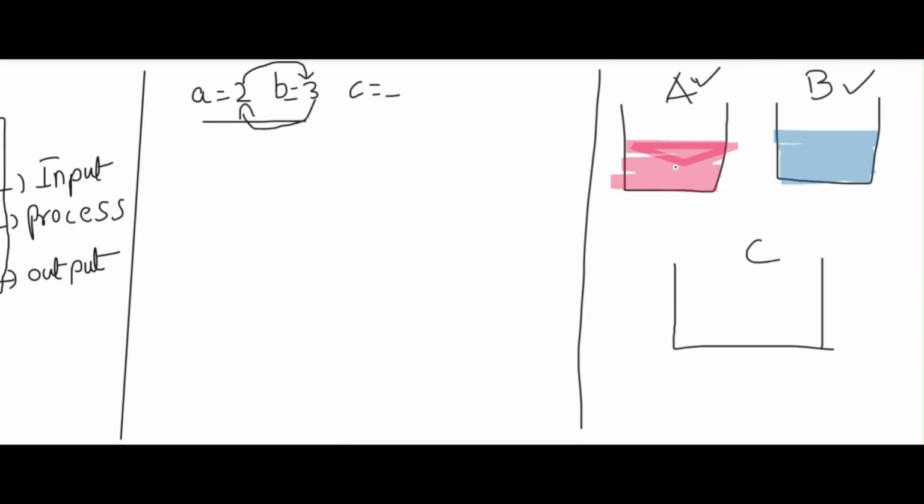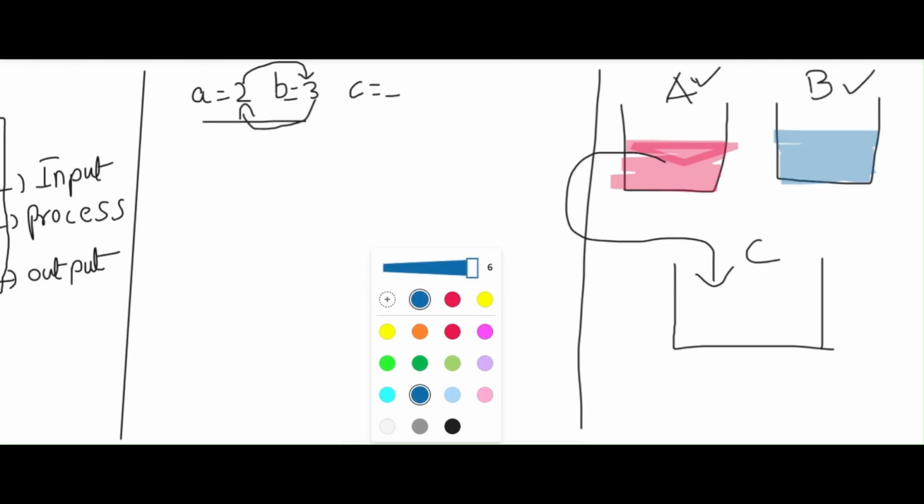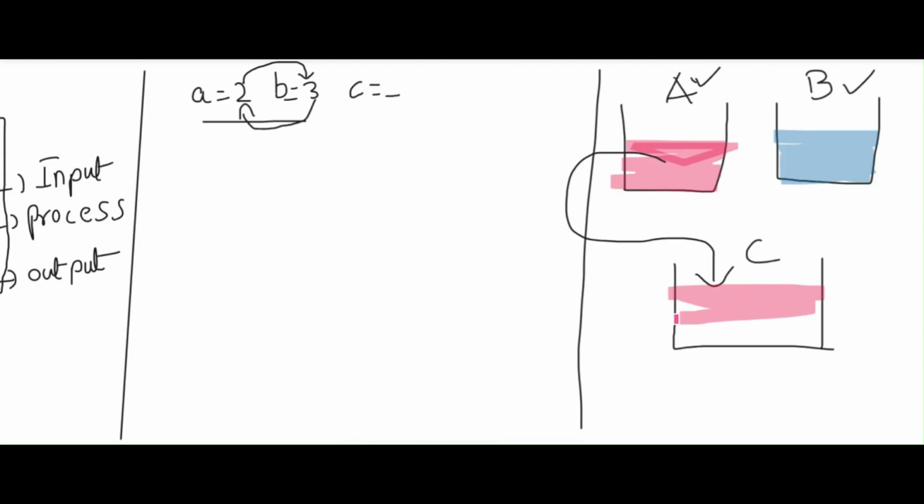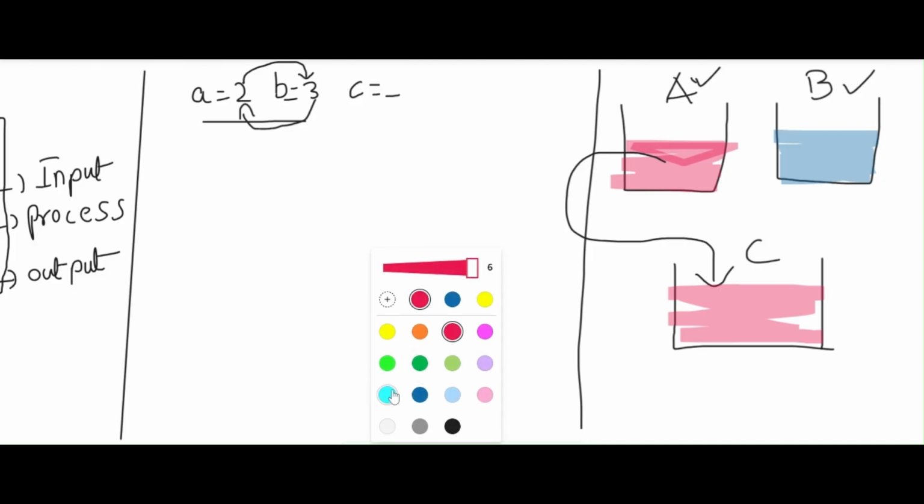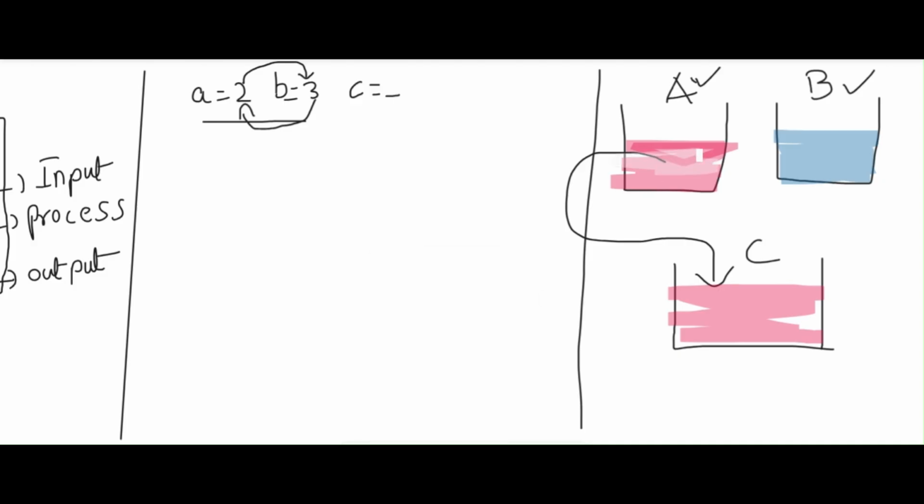Simply, first, you'll pour the red color water into C. Now, this C will have red color water and A will be empty.